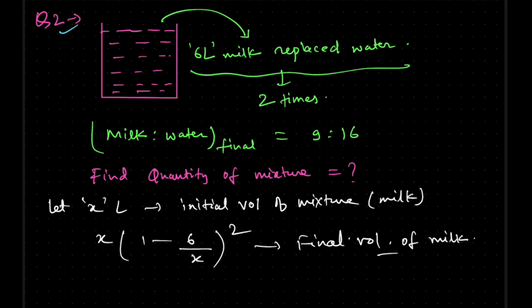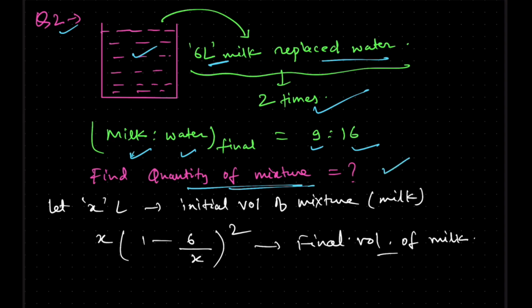Question number 2. The amount of milk is not given here in the question. 6 liter of milk is replaced by water, and this operation is done 2 times. The final ratio of milk to water is given, that is 9:16. You have to find the final quantity of the mixture.